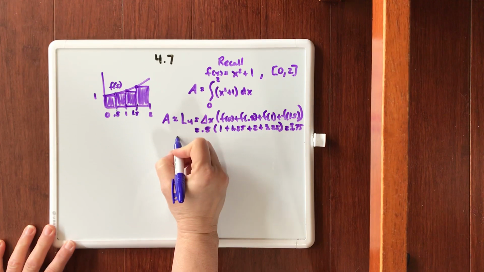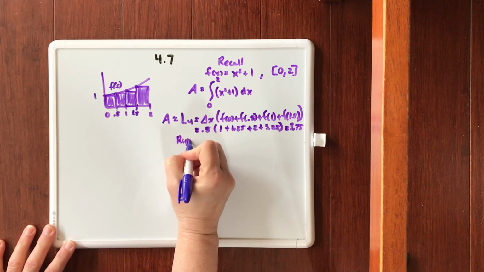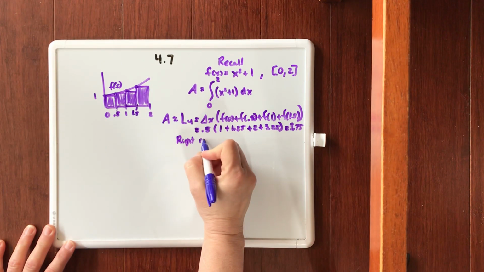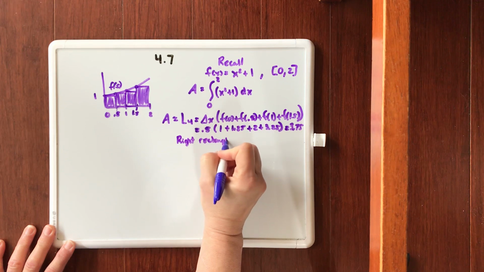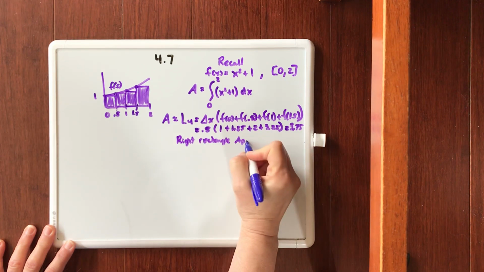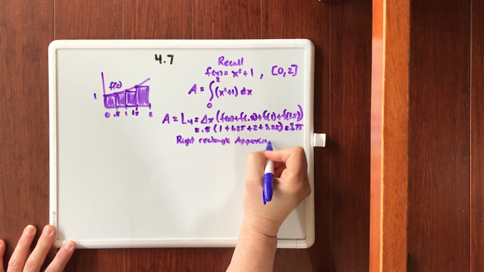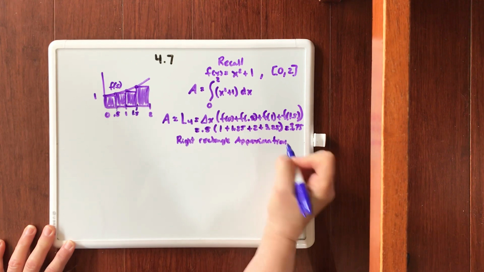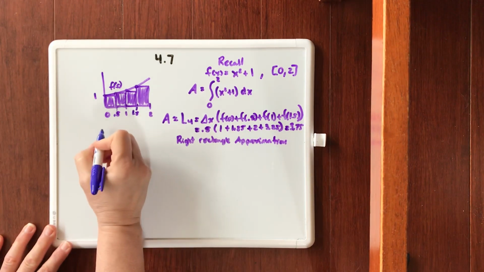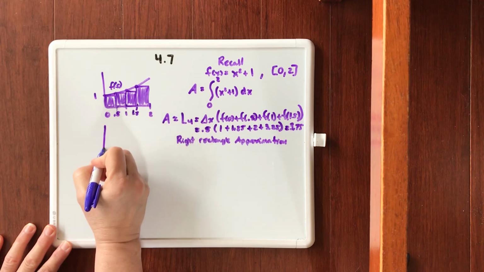We have the right rectangle approximation. So let's draw the same picture and see how this works.